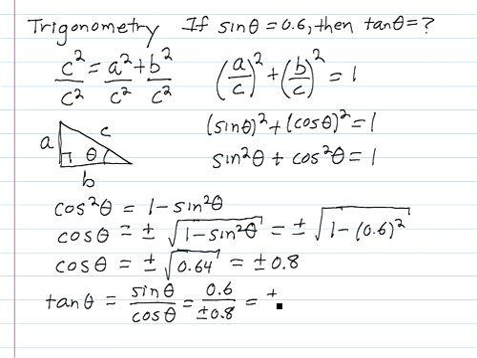So it's plus or minus 3/4, which is 0.75. So if you look back at the Now You Try It exercise in section 5, you'll see that the correct answer is A, 0.75 or negative 0.75.